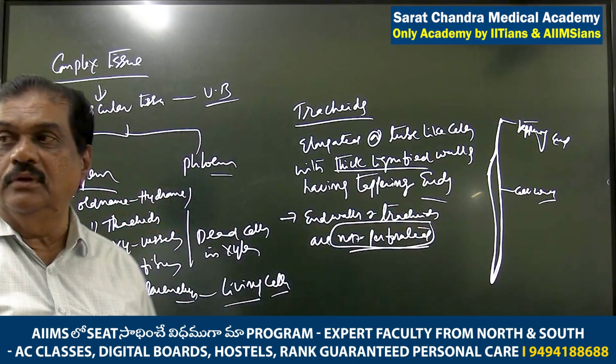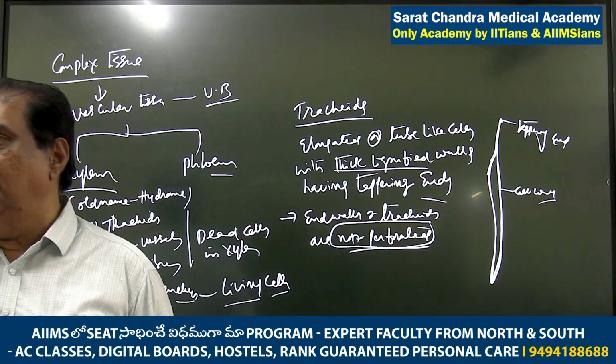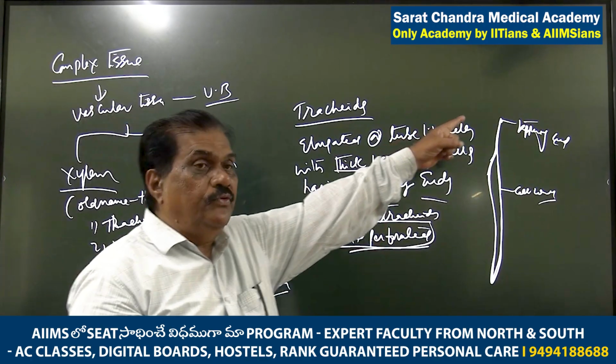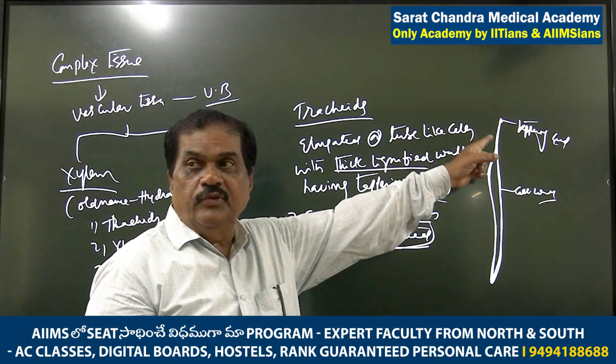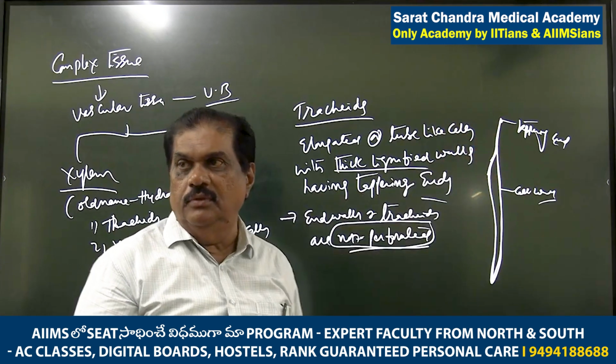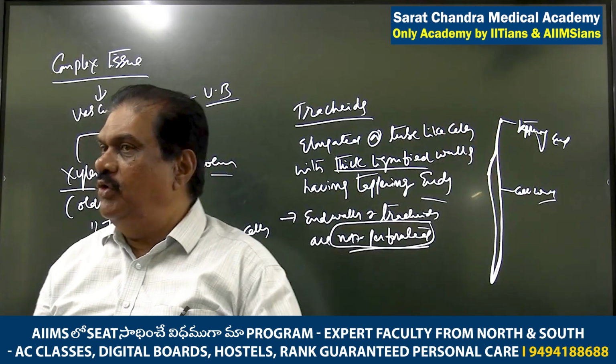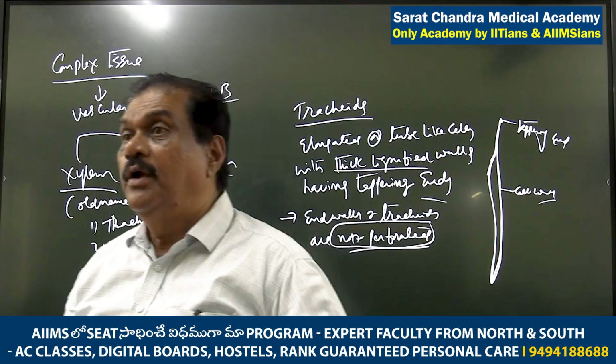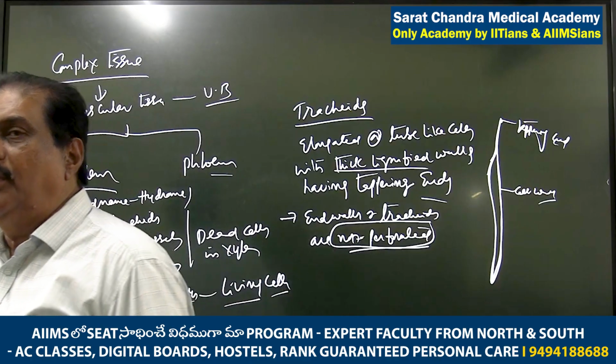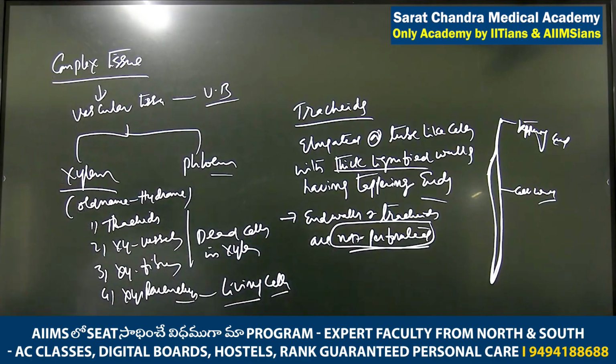Perforation means pores. As it has tapering ends, no pores are present at the end of the tracheids. The end walls of the tracheids are without pores. That is called non-perforated. Very, very important point.